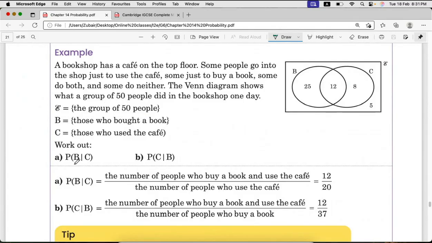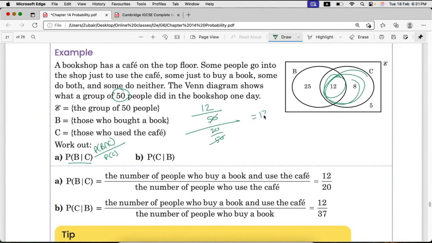For example, the first one: B given C is probability of B intersection C divided by probability of C. If we look at this, the intersection part is 12 out of the total of 50, divided by the probability of C only, that is 20 divided by 50.